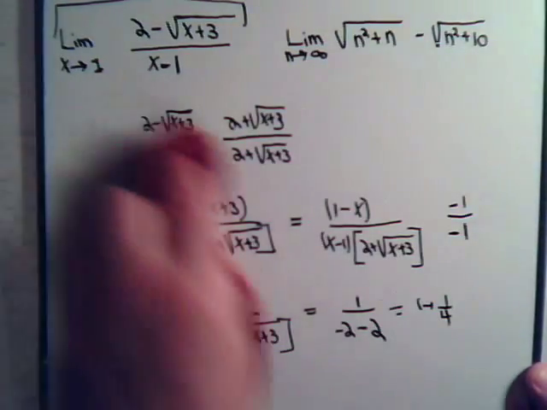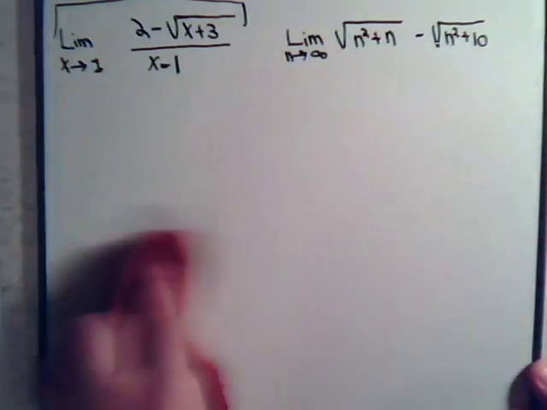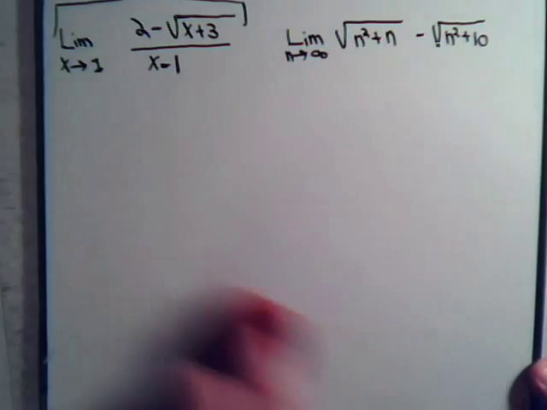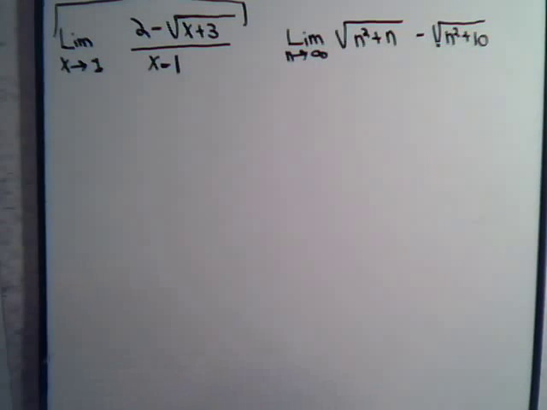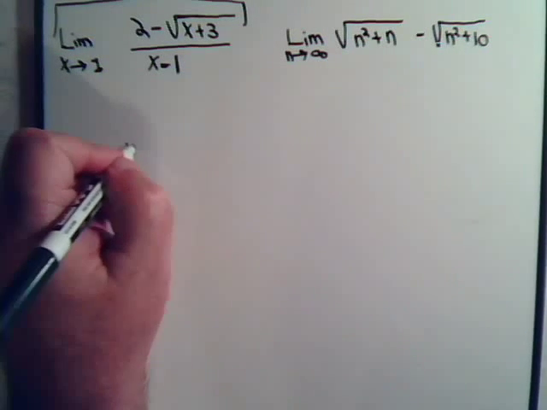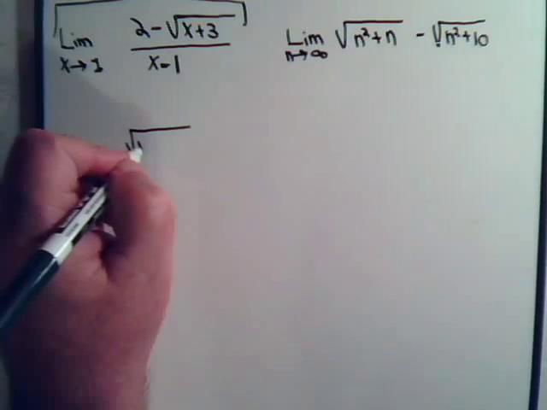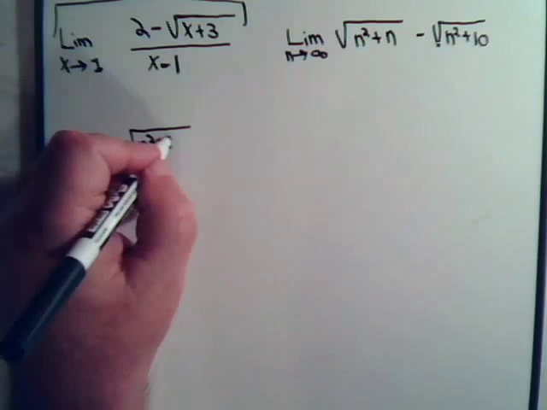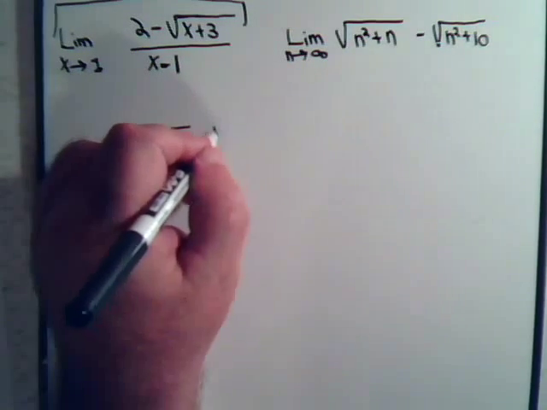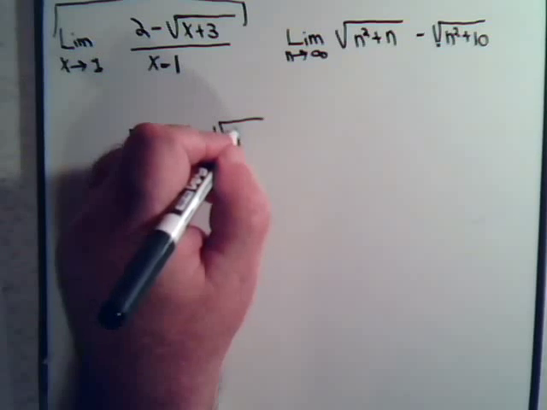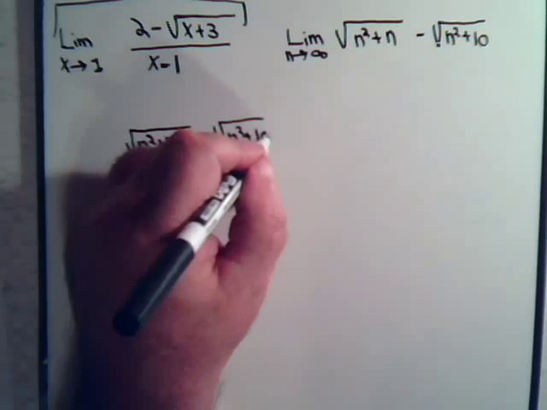Let's try it in this example. It's a little bit convoluted, but it does work if you follow it through. Here we have the square root of n squared plus n minus the square root of n squared plus 10.